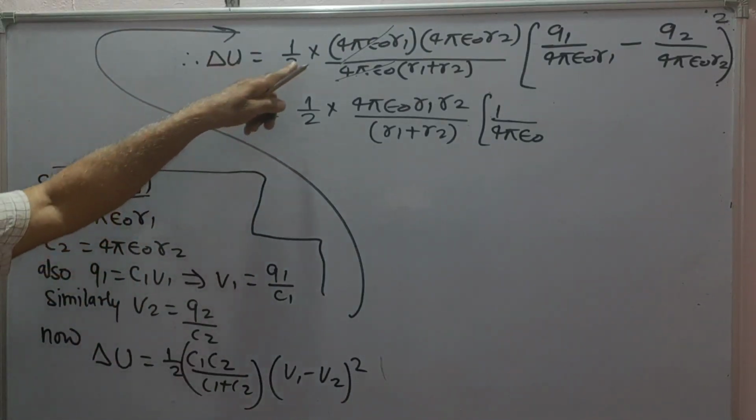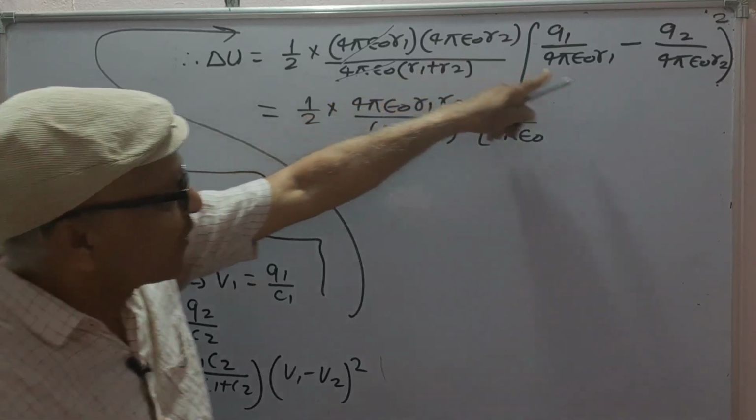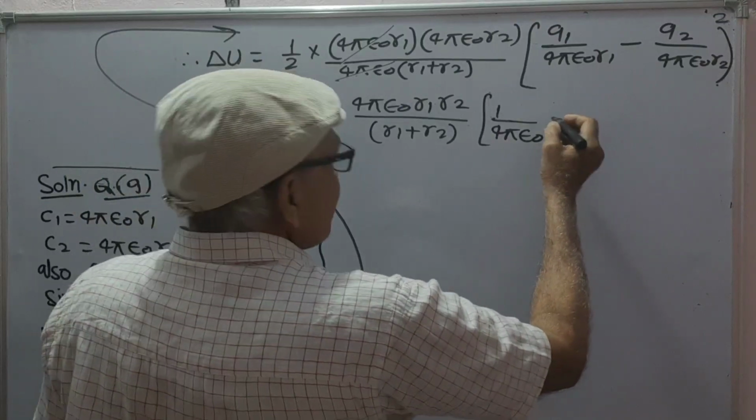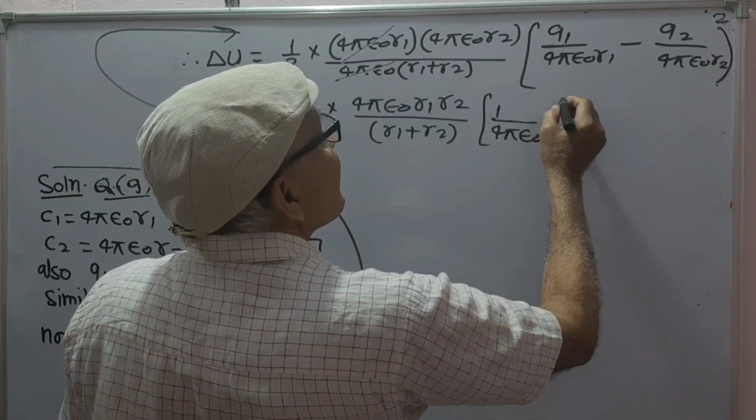Delta U is equal to half C1 C2 upon C1 plus C2 into V1 minus V2 square. So 1 upon 4 pi epsilon naught may be taken common.